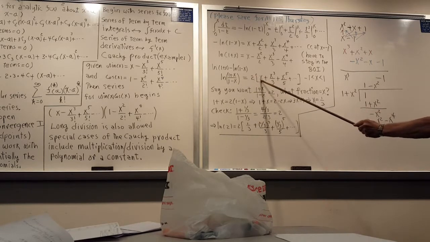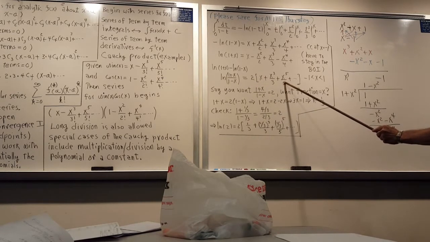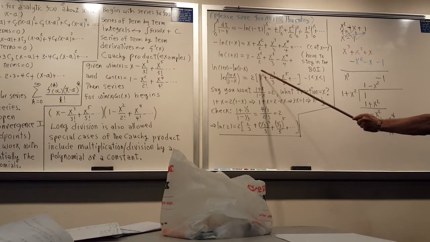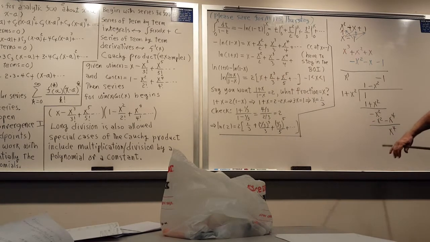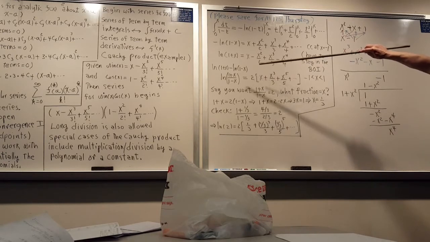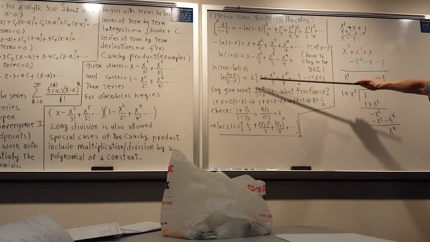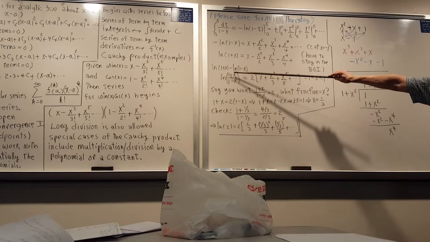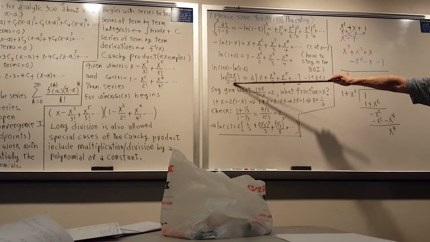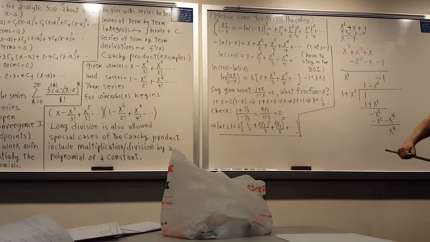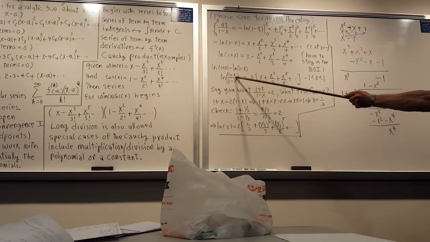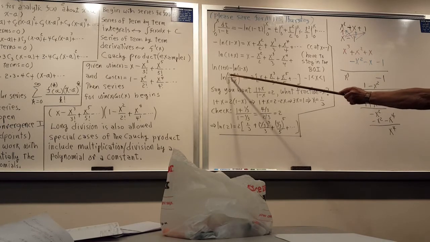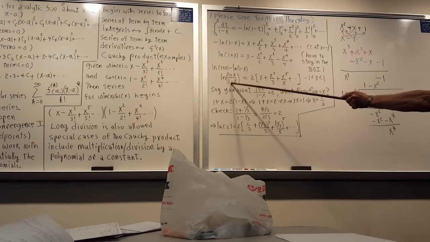So now you have a series of odd powers. It's not alternating, but it's odd powers corresponding to log of 1 plus x over 1 minus x. Okay, so say you wanted to get log 2. What x do you use? Well, set your argument here equal to 2.